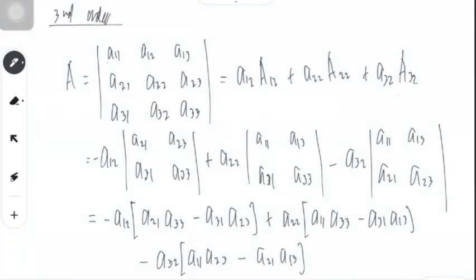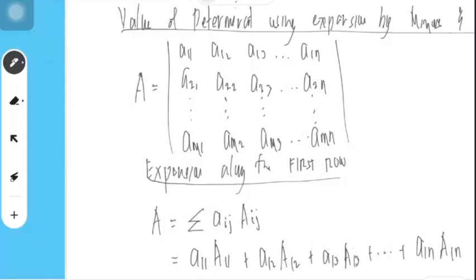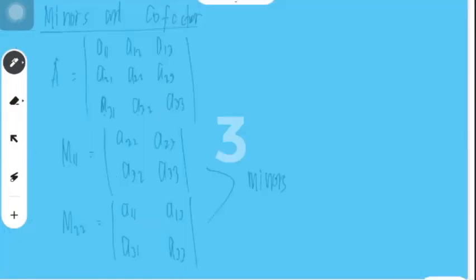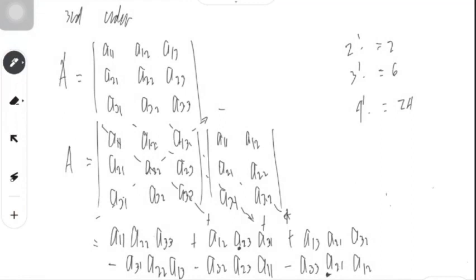Dito na tayo. A22 times A11 times A33. Dapat positive. 22, 11, 33, positive. Tutuloy pa ba natin? If we're going to continue, you will find out that they're exactly the same.